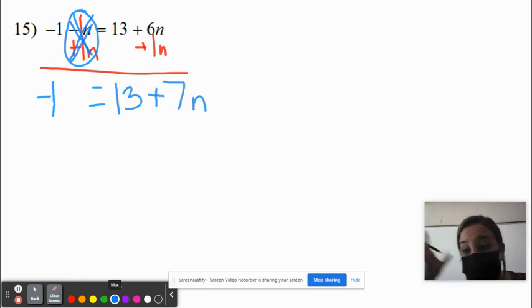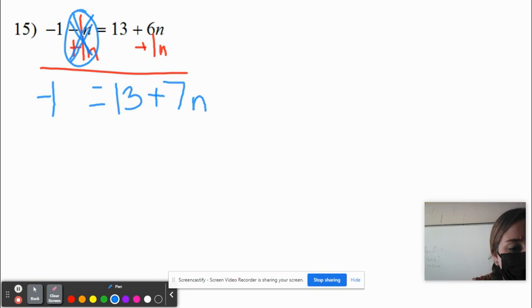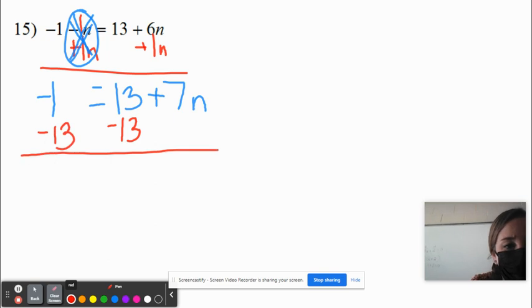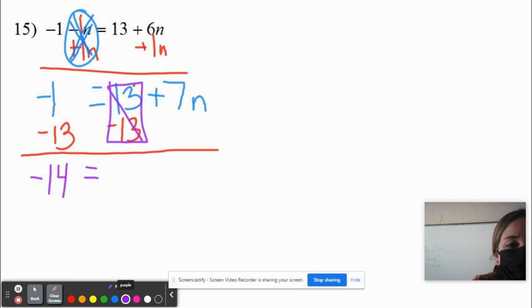So now let's get this constant term, this 13, away from the n by subtracting it. It's positive, so we're going to subtract it from both sides. And then negative 1 minus 13. You owe me $1 and borrow 13 more. 13 minus 13 is nothing.